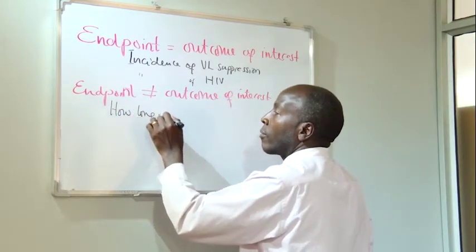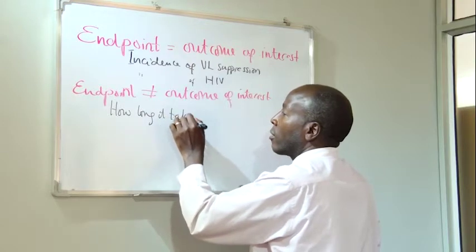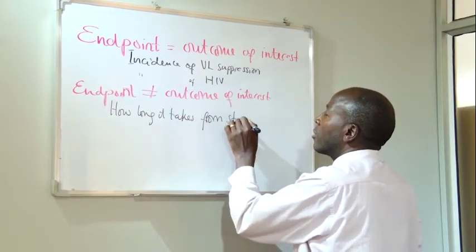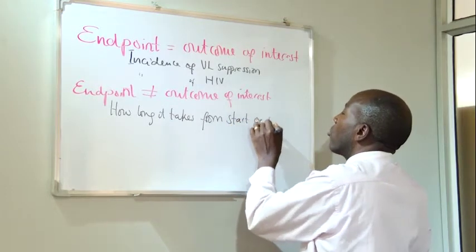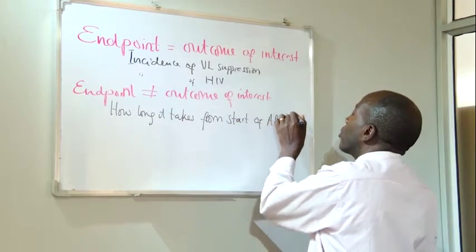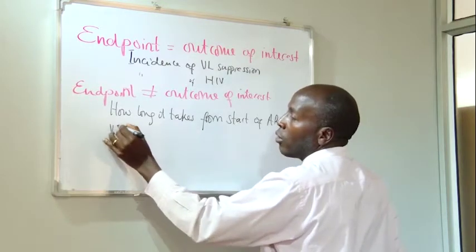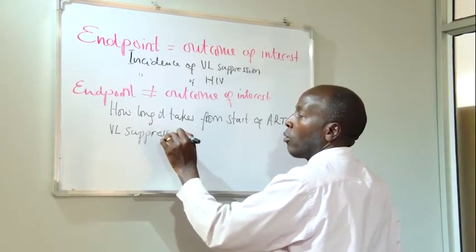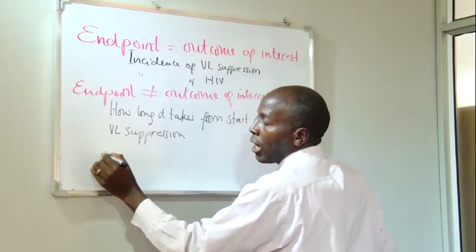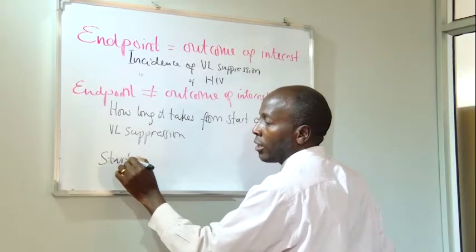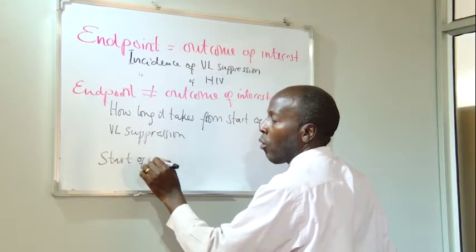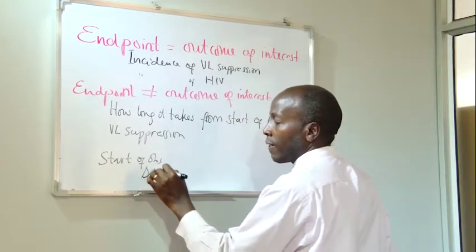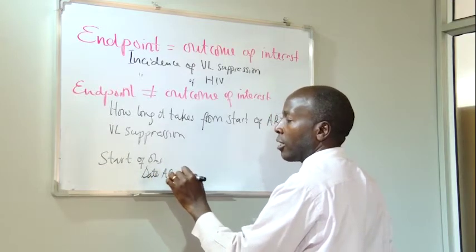However, we may be interested in knowing how long it takes from start of ART to viral load suppression. So we need to have the start of the exposure. The start of our observation is going to be the date of ART start.